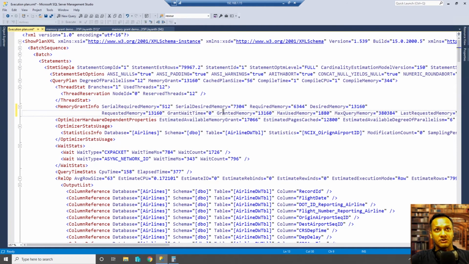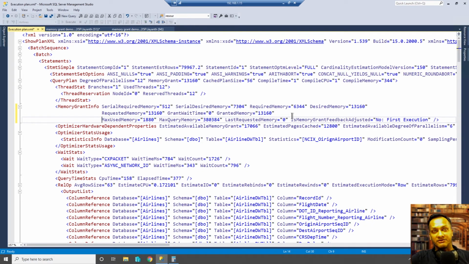Because I don't have any memory pressure on the system, the desired memory for parallelism is what gets requested, and that's also what gets allocated. This is the point I was trying to drive home: when you do parallelism, you multiply the degree of parallelism with the serial memory that's required.